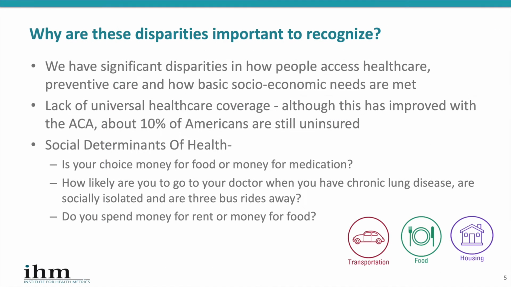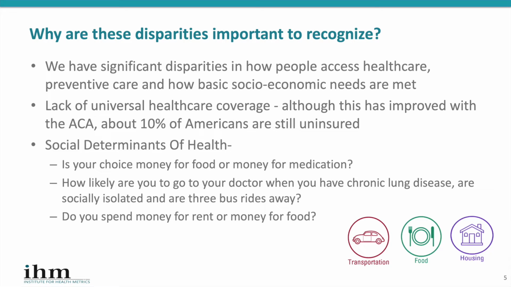And why is this? Well, we have significant disparities in how people access care and how basic socioeconomic needs are met. We have a lack of universal health care coverage, for example, in the United States. And we have not really paid a lot of attention to the social determinants of health, which is what I'm going to talk about over the next few minutes.